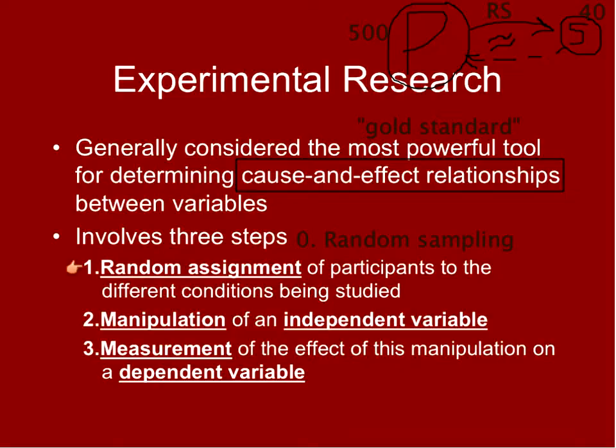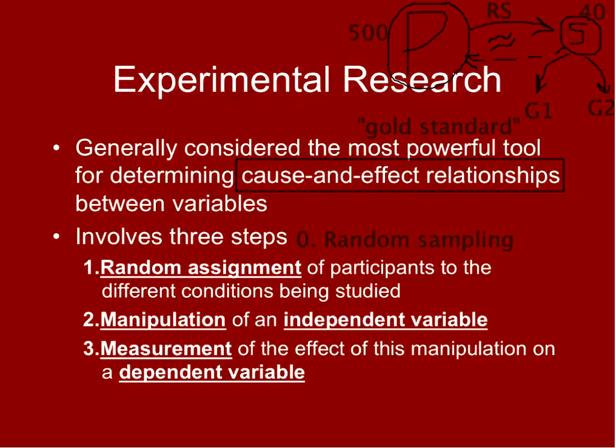Now I'm going to, as it says down below in step 1, randomly assign those 40 people to the different conditions in my study. And let's say what I'm going to do is randomly assign them to 2 groups. And rather glamorously, I'm going to call them group 1, so G1, and the second group I'm going to call, shockingly, G2.